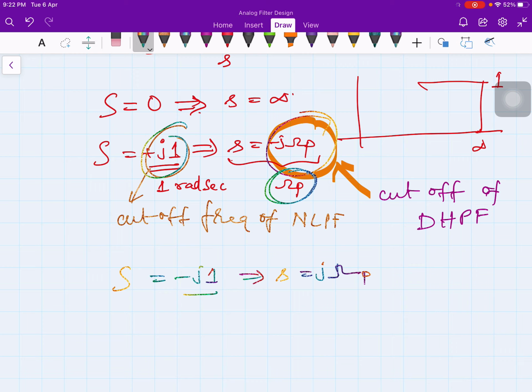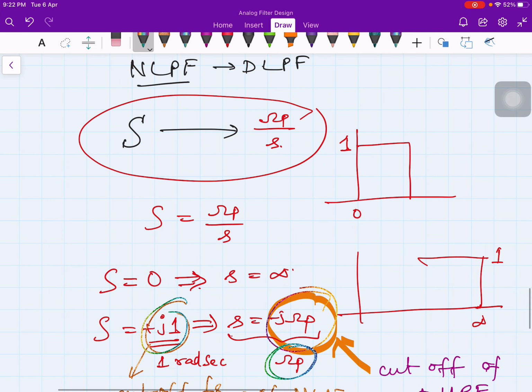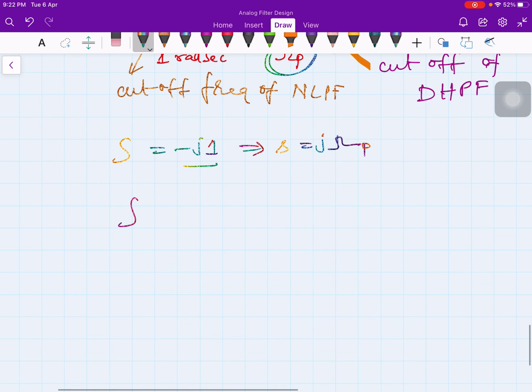So capital S equal to infinity, let's say, if you take this low pass filter, this is omega. When omega goes to infinity, what is the magnitude here? 0. In the stop band the magnitude is 0. So let us see how things will change now.